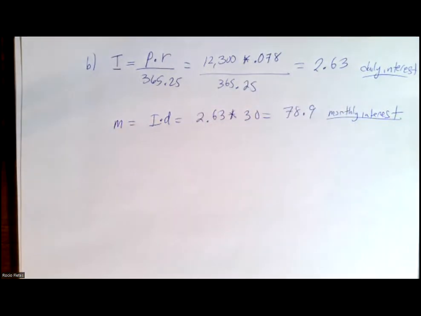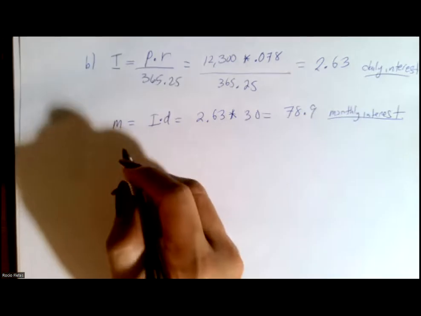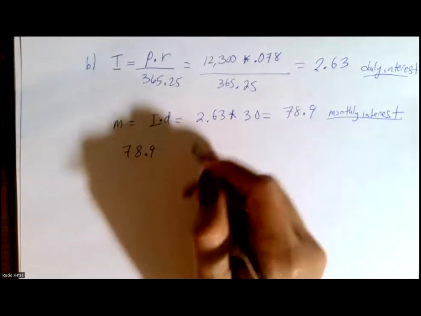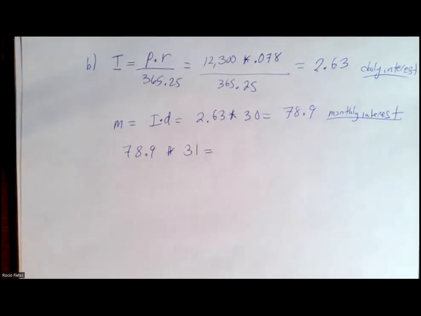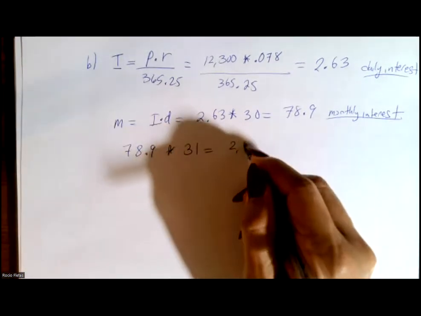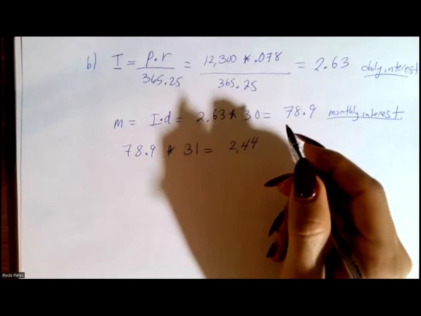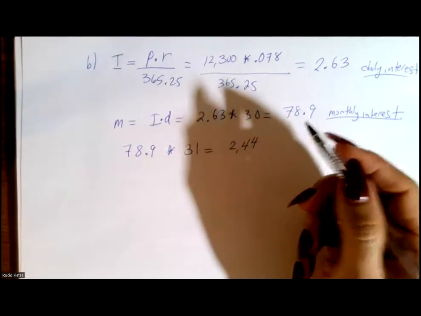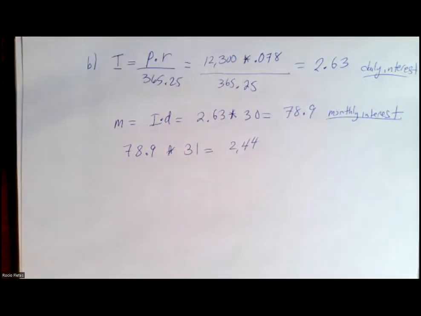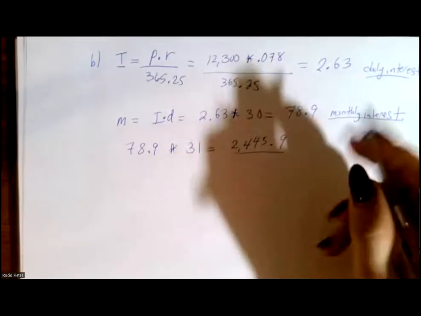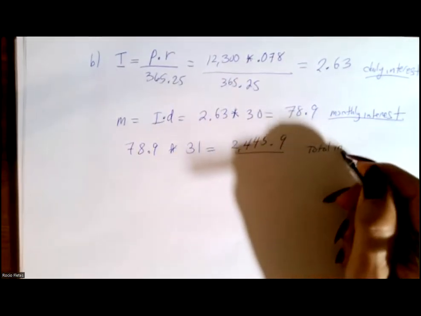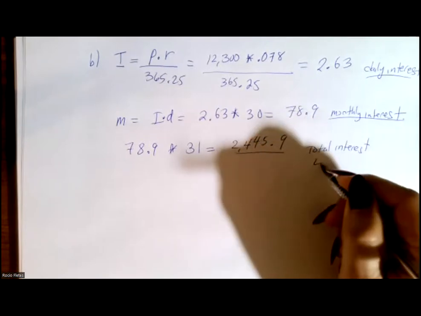And then if you multiply times 31, 78.9 times 31 months gives me total interest. Let me see, 78.9 times 31, 2,445.9. This is total interest for loan two.